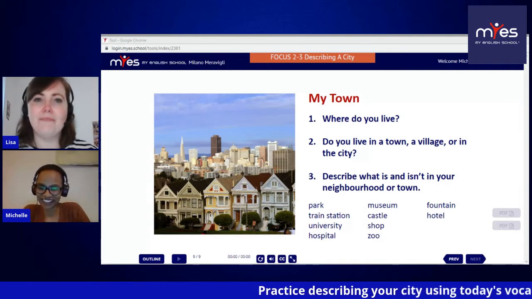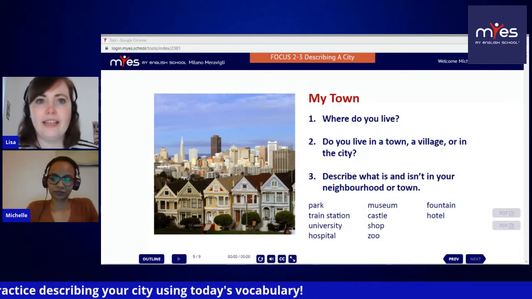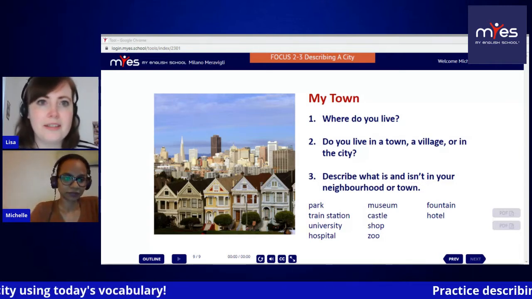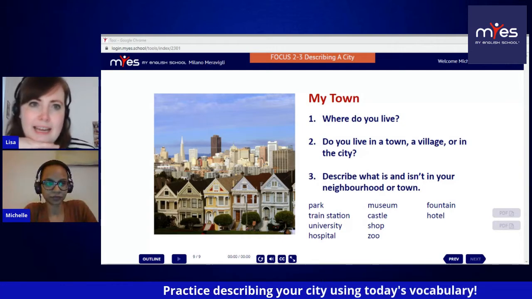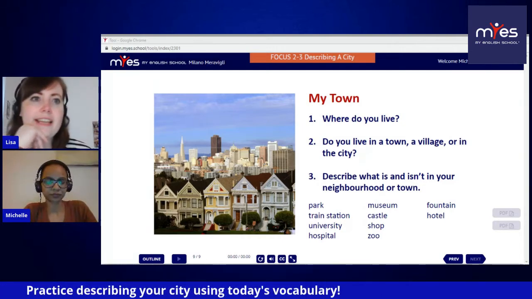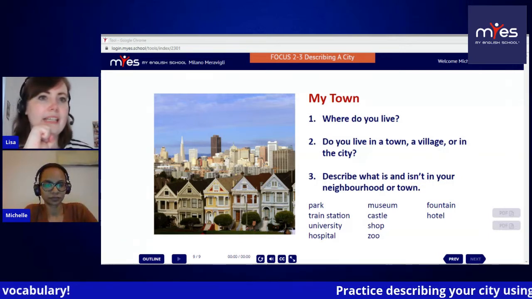So I can describe what there is and isn't in my neighborhood. So it's the area around me. There is a park, but there isn't a train station.